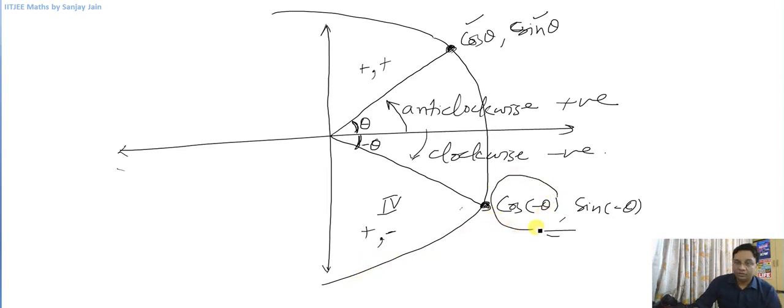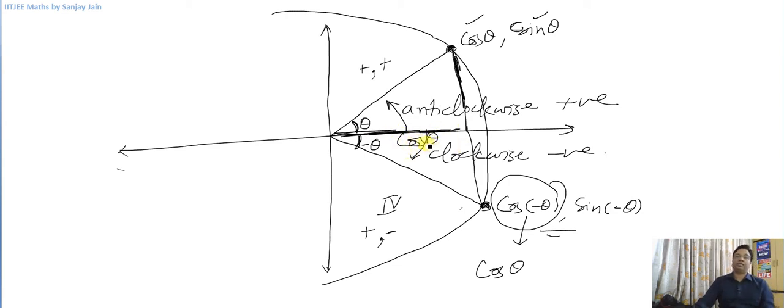So this is also positive. I can also write it as cos theta. Why? Because if you see the horizontal length for this point and for this point, both these points have this as their horizontal length, or this is cos theta or cos of minus theta. Both are same things, right?